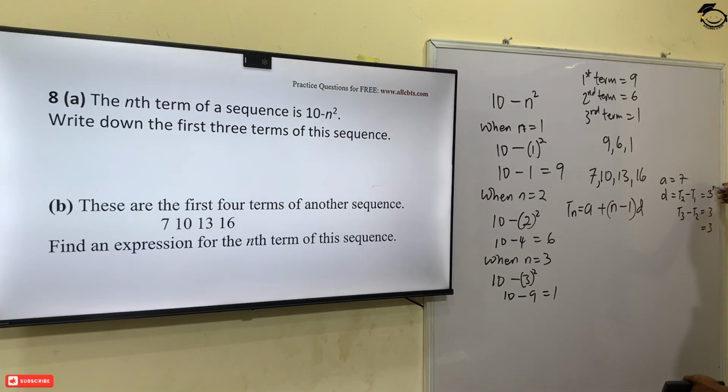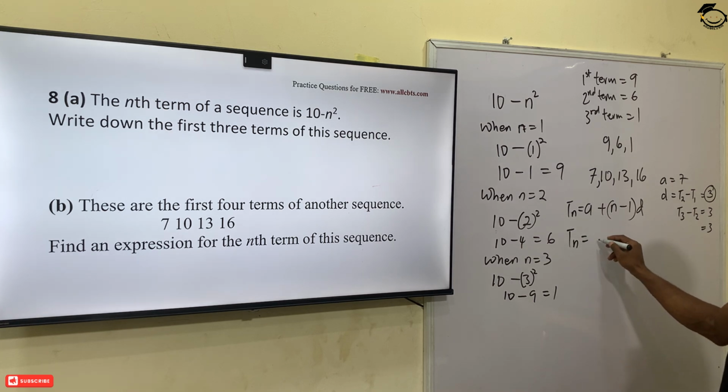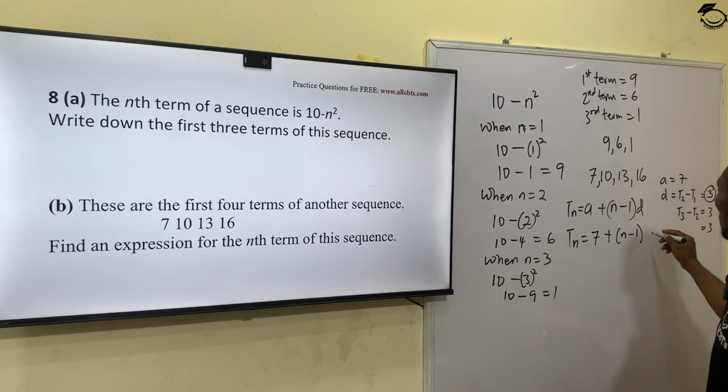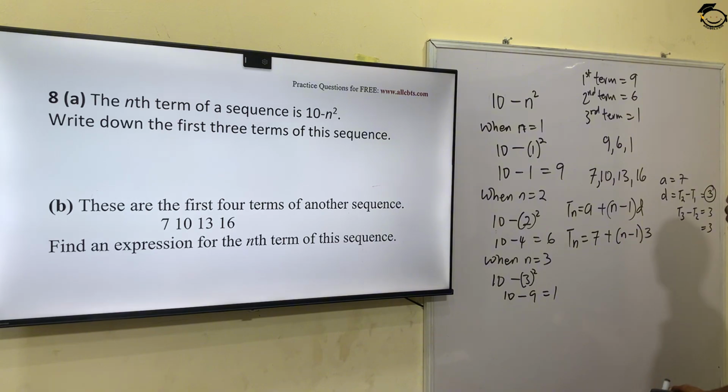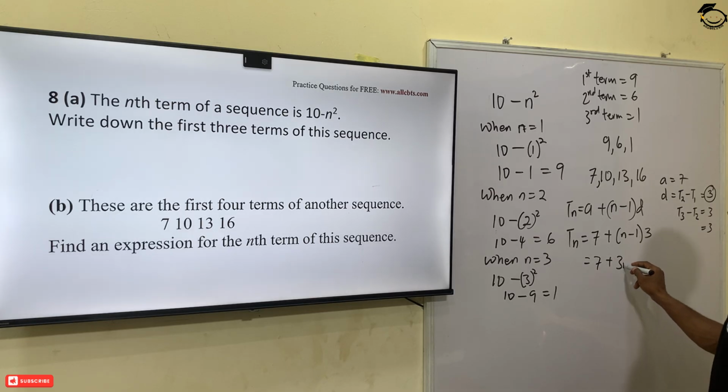So our D would be 3. Now substituting these values into this equation, Tn would be A is 7 plus n minus 1, and the common difference is 3. Now opening up this bracket, 3 times n would give us 3n, and minus 3 times 1, 3.